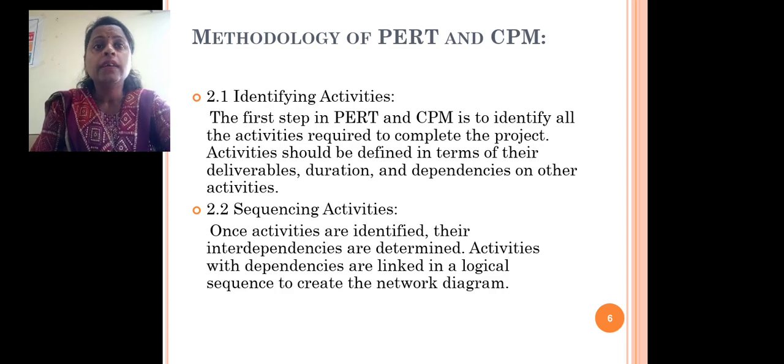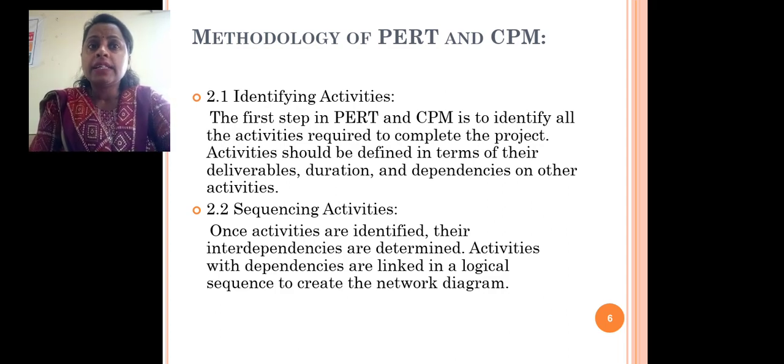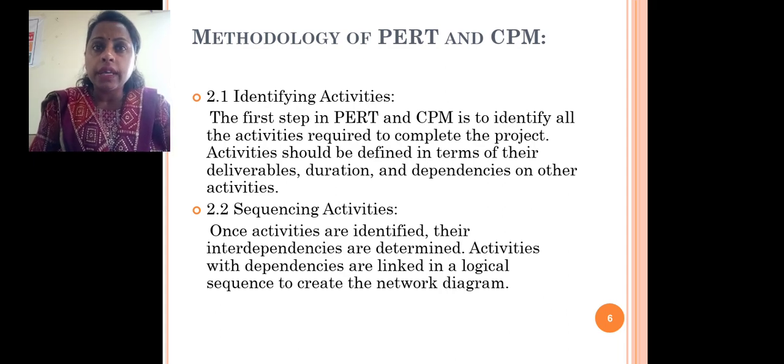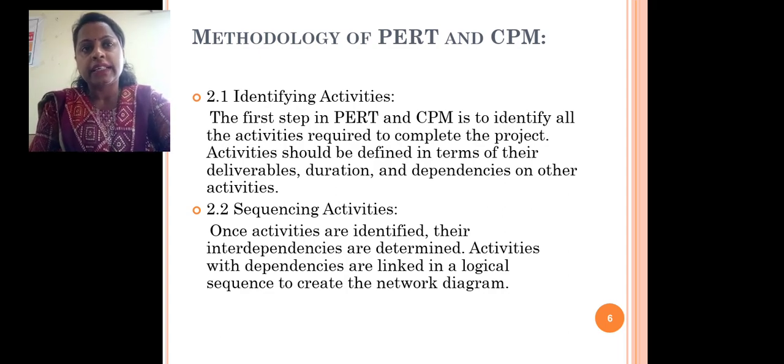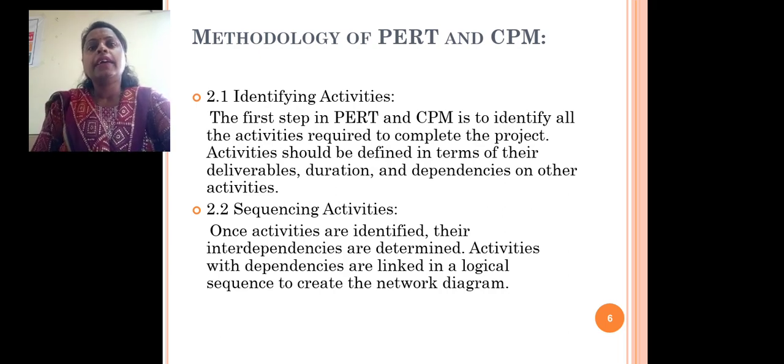Fine. Now the sequencing of activities. Sequencing means by which the activity is connecting and going in a logical sequence to create a network diagram. Once activities are identified, their interdependencies are determined. Activities with interdependencies are linked in a logical sequence to create a network diagram.